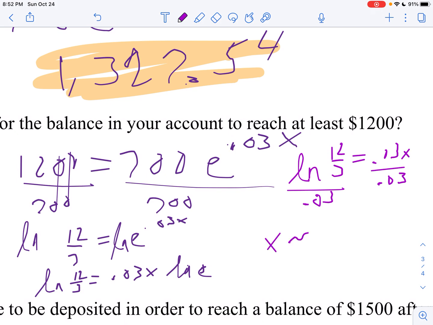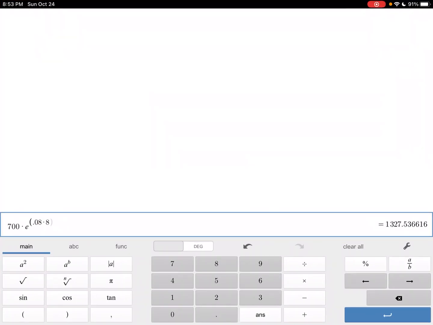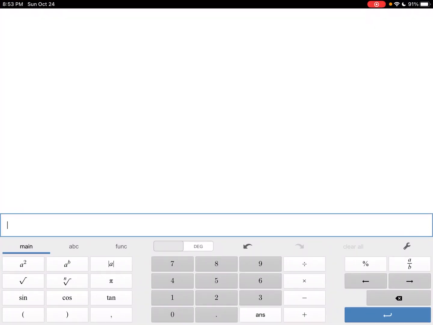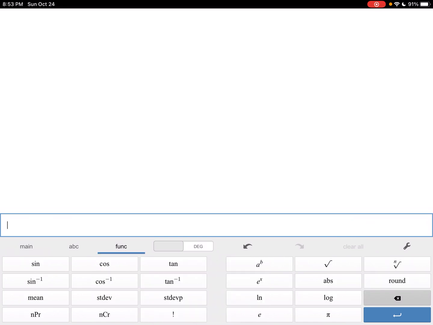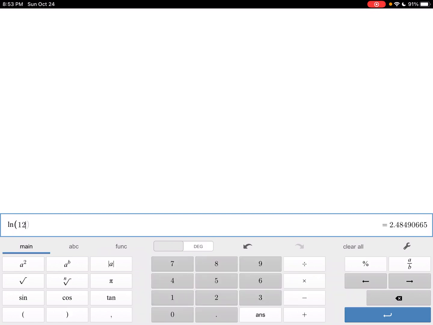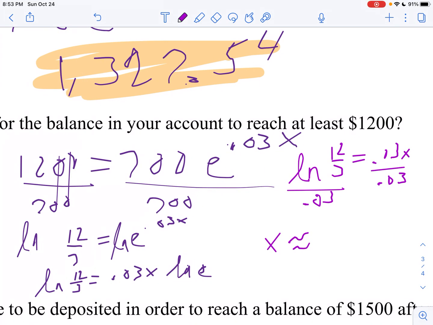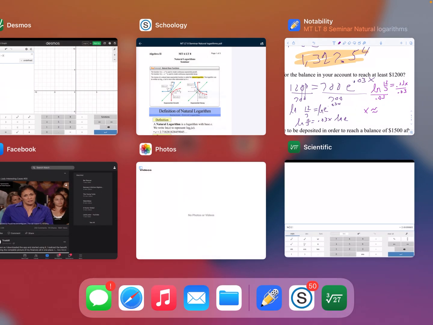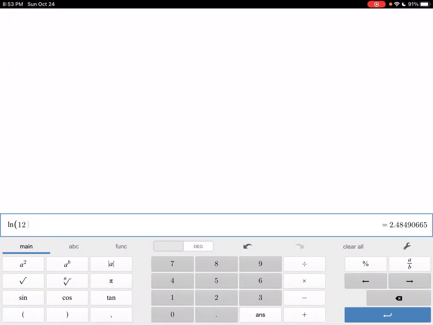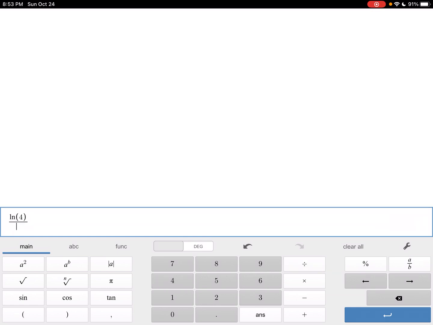And we'll round it to the nearest penny. So we'll say the natural logarithm of 12/7 divided by 0.03. I don't know why I didn't say that, 12 divided by 7. So we'll say the natural logarithm of 12/7 divided by 0.03.